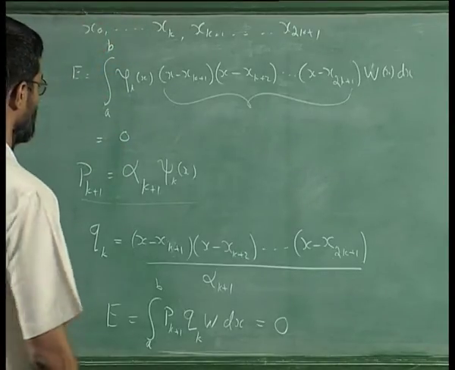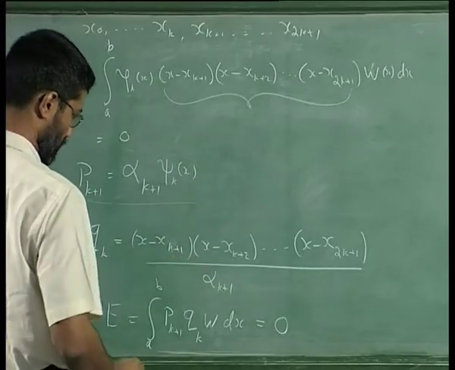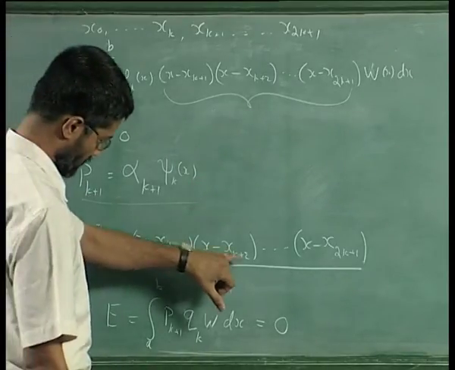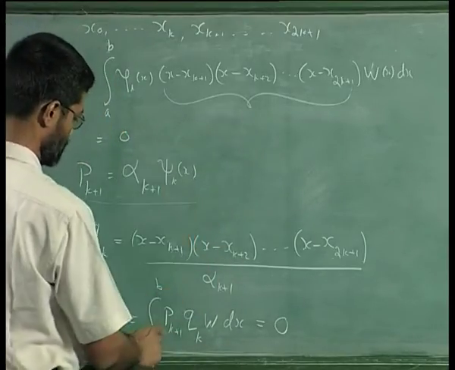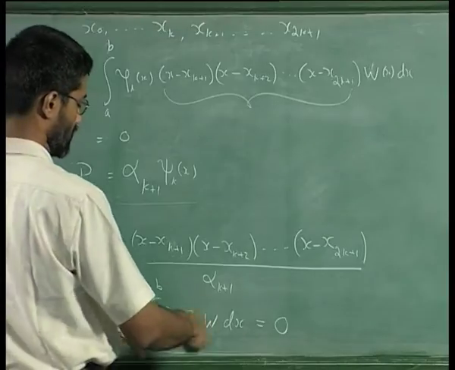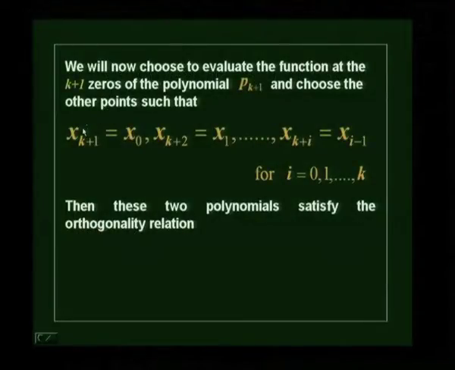So, for that we will choose xk plus 1 to be x0, xk plus 2 to be x1, etc., so that this pk plus 1 qk can be written as a square. That is what we are going to do here.